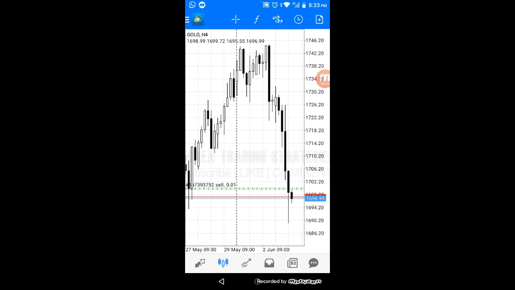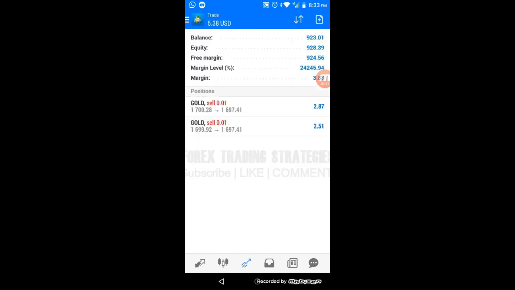I'm also looking at my gold trade. It's looking good. I'm testing a robot. It's a free robot. You can find the link to download it in the description.